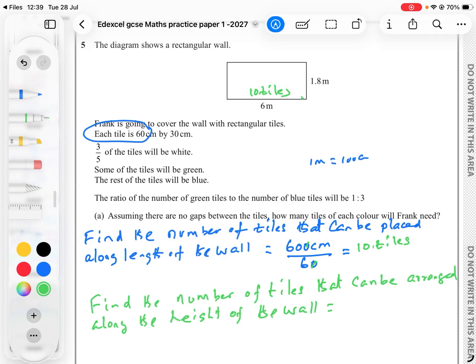So that means 1.8 meters, that means 1.8 times 100, 180 centimeters, divided by 30 centimeters. The tile is this one 60, this one 30. So 30. So 0, 0 cancel, 18 divided by 3, 6 tiles.